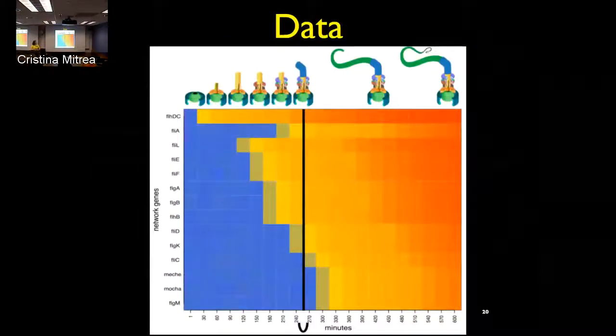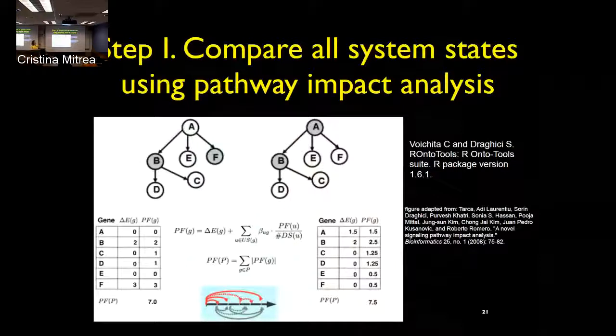So what we do in this case, we compare all the system states using a pathway impact analysis. We chose this method to do the comparison because it takes into consideration the interactions between genes. For instance, if a gene that is changed affects a lot of other genes, that's more of a regulator, a master regulator.